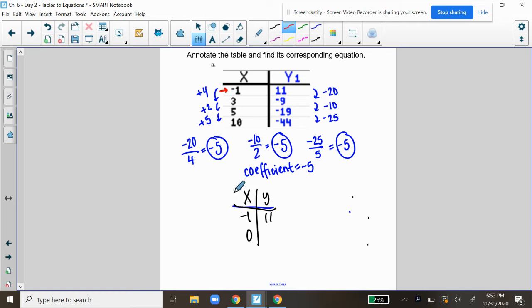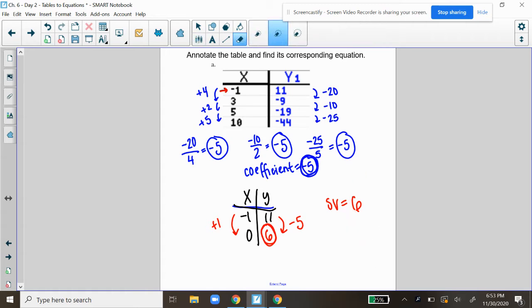So I know that as I'm moving forward along my table, I'm subtracting 5 every time. That's what this coefficient is telling me, that for every stage, I'm subtracting 5. So if I'm going forward in my x, then that means I need to take 5 away. So 11 minus 5 is going to be 6, which means my starting value is going to be 6.